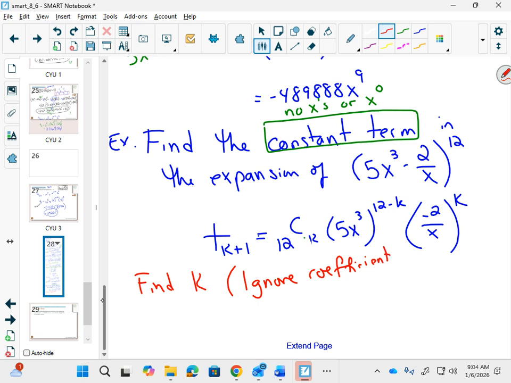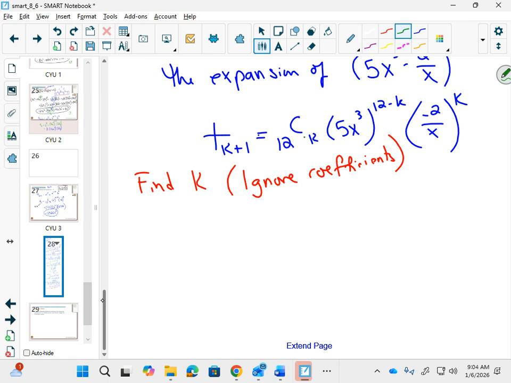Just a reminder, to find k, we use the hint. We know that our term has no x's. We can ignore all the things that involve coefficients. So the only thing we're going to look at is the x's and the exponents.